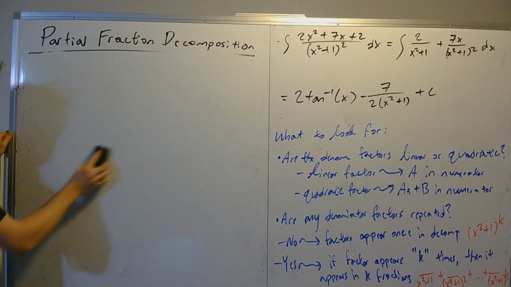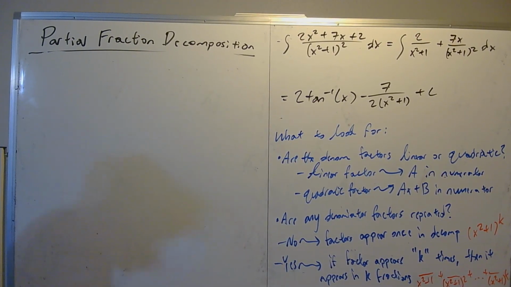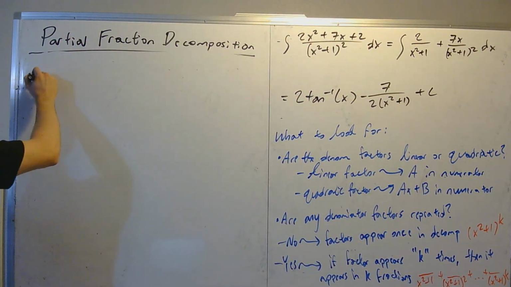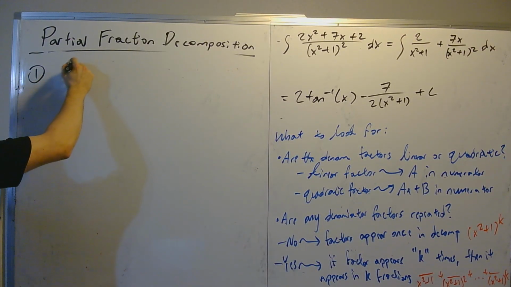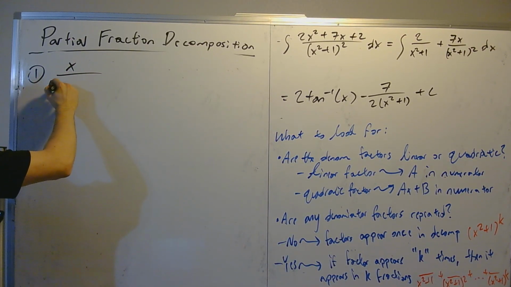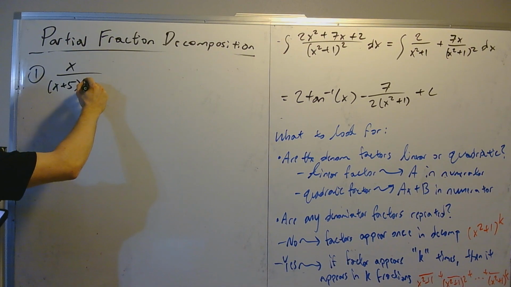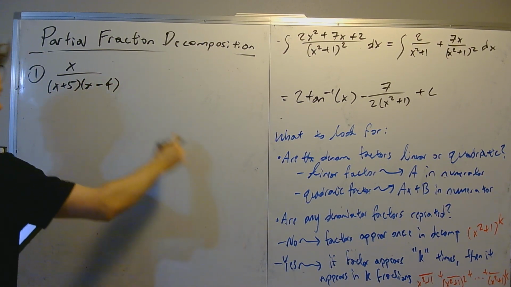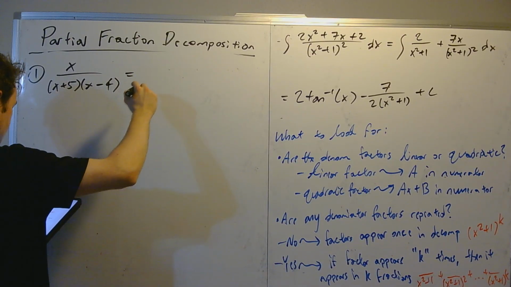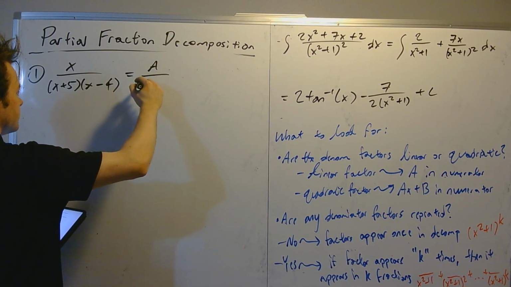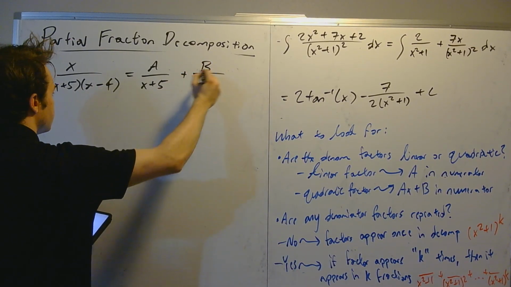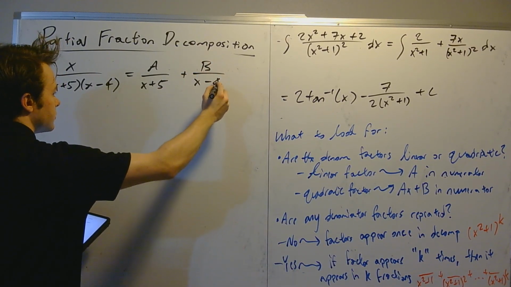Well, actually, let's first write down what we did in examples 1 through 4. In example 1, we had x over x plus 5 times x minus 4. And using the rules there, what we have to write is a over x plus 5 plus b over x minus 4.